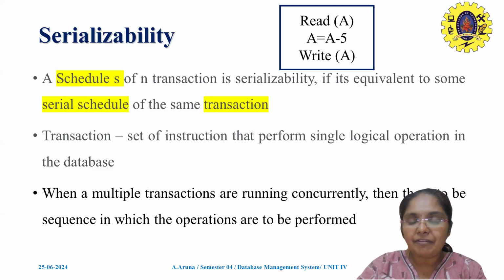If n number of transactions are contained, it is called a schedule. This particular schedule is what we check for serializability. Serializability is nothing but whether the transactions can be executed one after another, with all the transactions having consistent data. That only we're going to check under serializability.